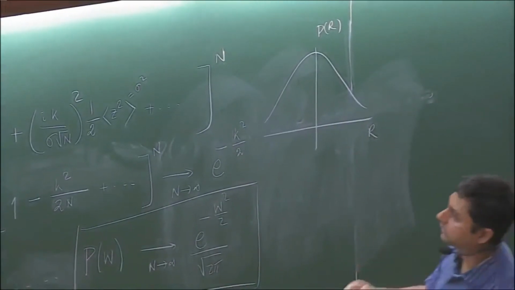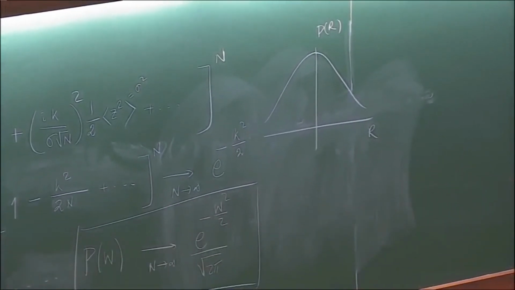So if you look at this distribution at the scale of the variance, that's very important, right? If you look at this distribution at the scale of the variance, so it means that if you scale this random variable by this square root of n, then the limiting distribution is Gaussian.